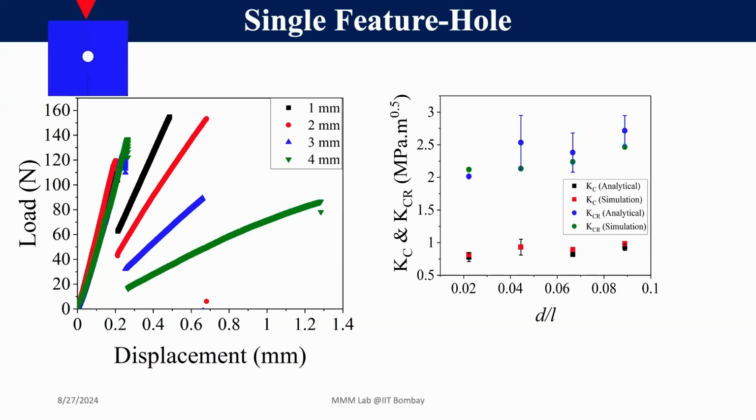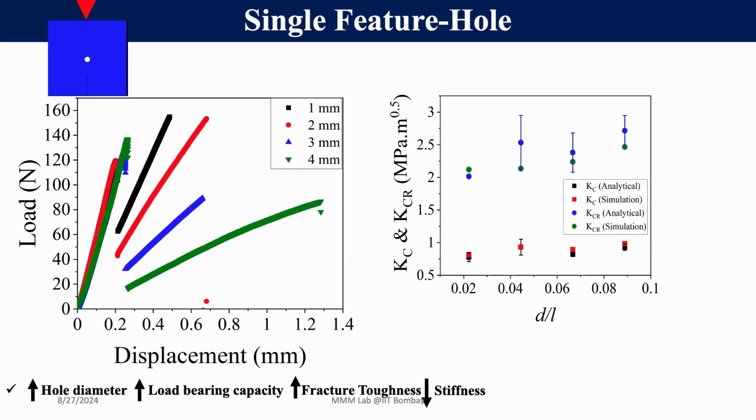The conclusion is that this is because of the blunting of the crack. When the crack interacts with the hole, the radius at the crack tip increases. That leads to a blunting effect, which increases the fracture toughness to about 2 times the initiation fracture toughness. So this might be useful for increasing the fracture resistance. The stiffness decrement can be seen here when the crack is interacting with the hole.